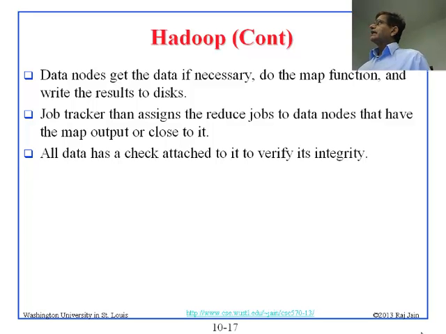Their job, as the name says, is basically to try to get the data local. The job tracker then assigns the reduce job to the data node that has the data close to it, and all data has a check attached to it to verify its integrity. What that means is all the data has a CRC field in it. So when you get a 64 kilobyte block, you can be assured that it is all correct because somebody has done this redundancy check.